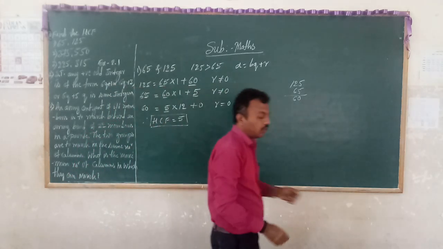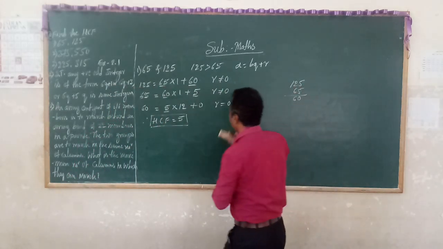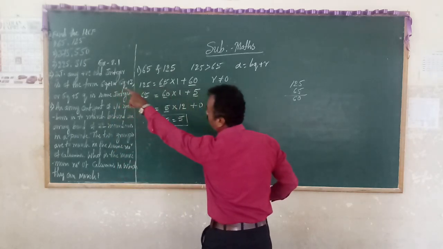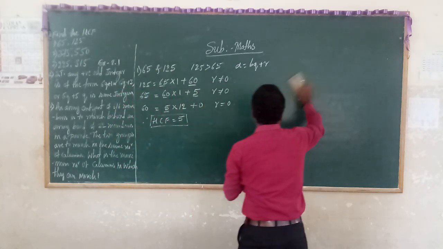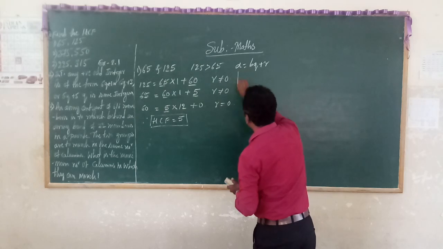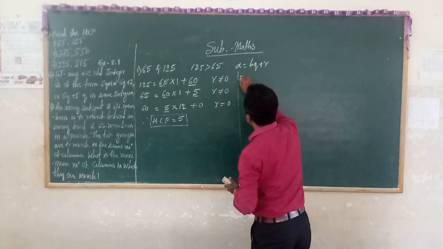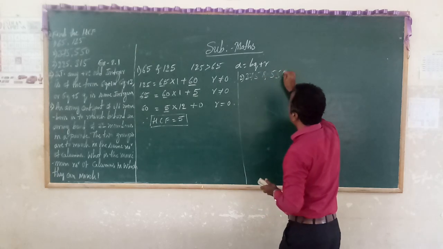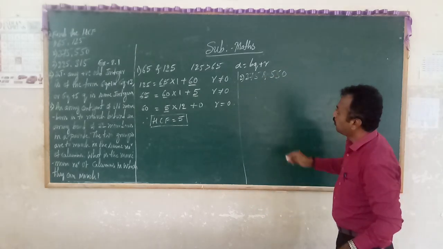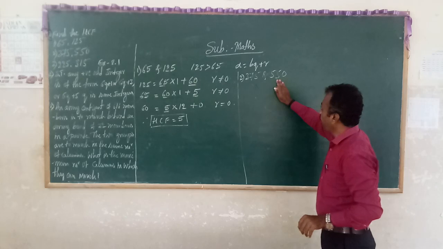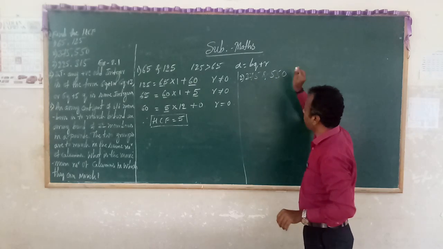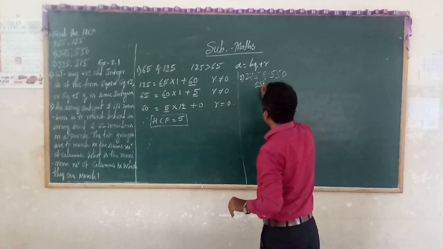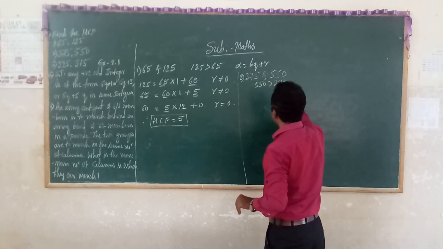Next, I will take another example: 375 and 550. Okay students, 375 and 550. 550 is greater than 375.